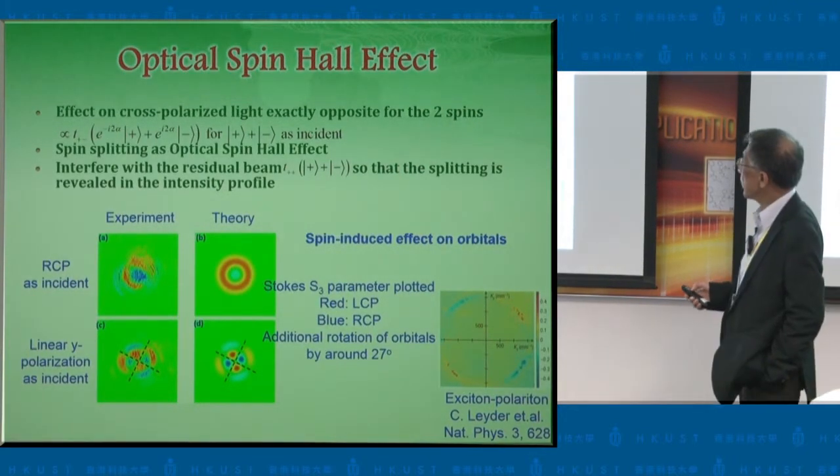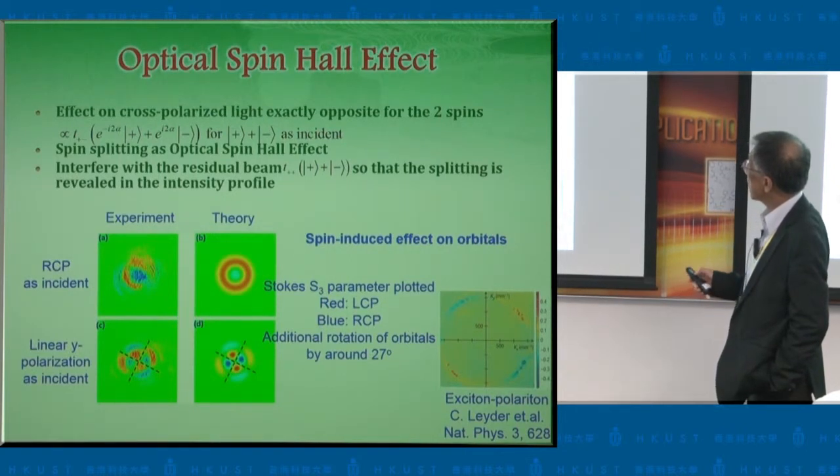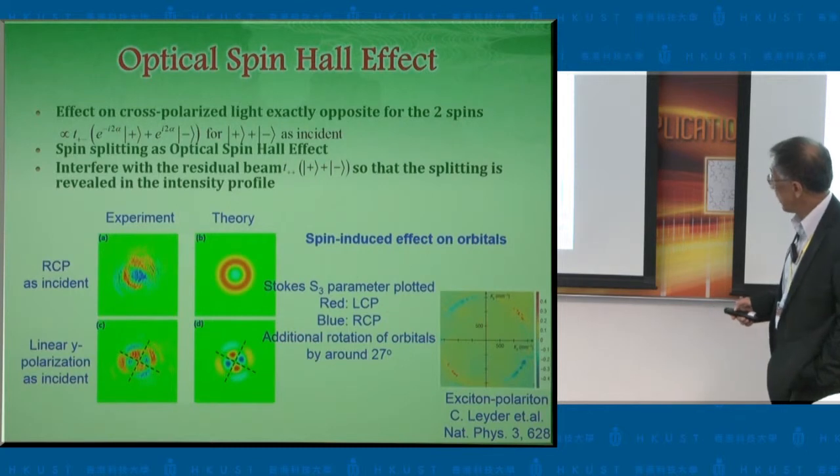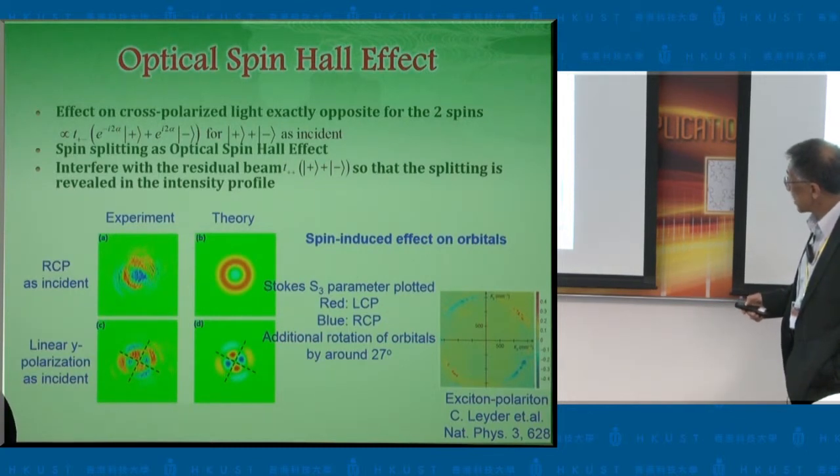So you can see that as an incident, you have a plus to minus coupling here, and RCP as an incident will give you these coupling rings coming out. For the linear Y polarization, this one is a lot clearer.